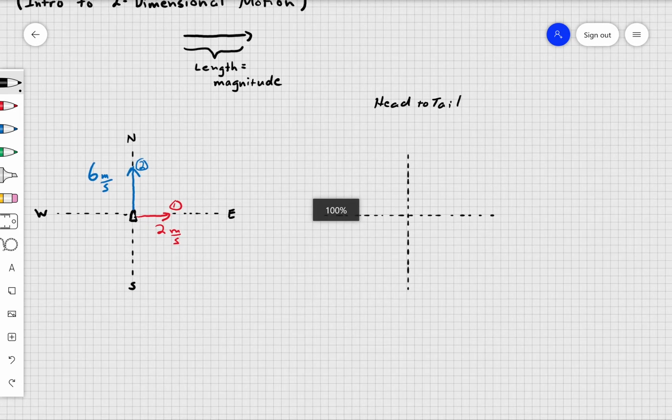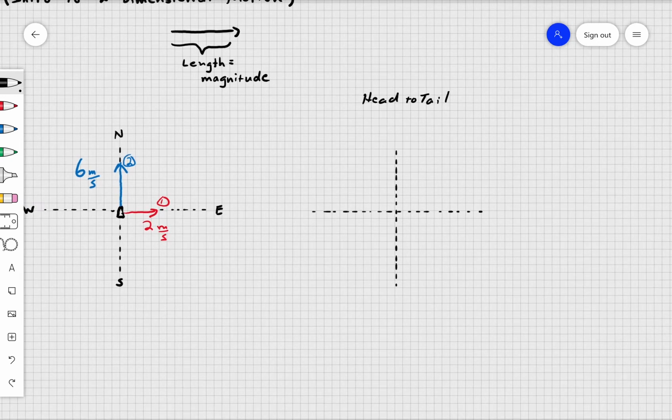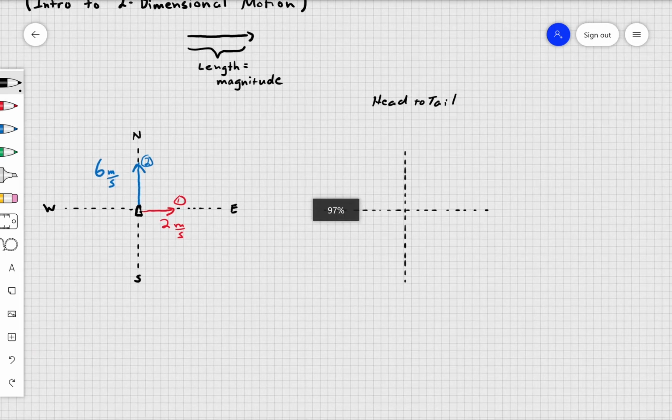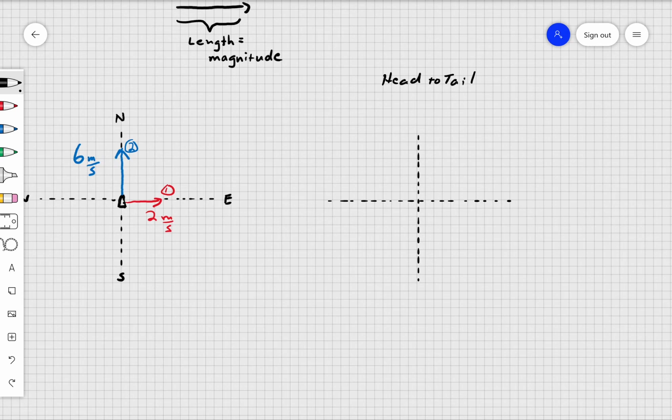So let's take the first vector, and in fact it doesn't matter which vector you begin with. Let's begin with vector 2. Most of you are familiar with copy and paste. So if you imagine that we copied vector 2, we're going to paste vector 2 with its tail on the origin, and orient it exactly as it is in our original scenario.